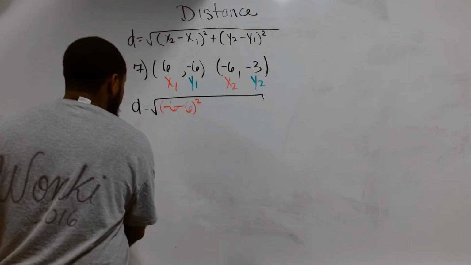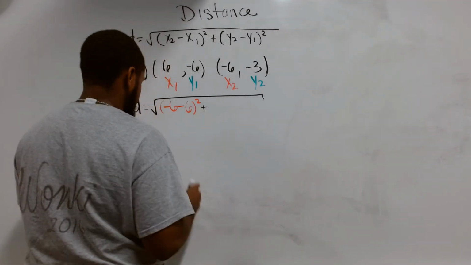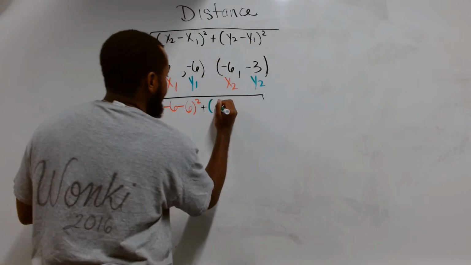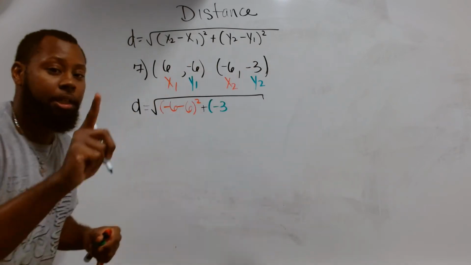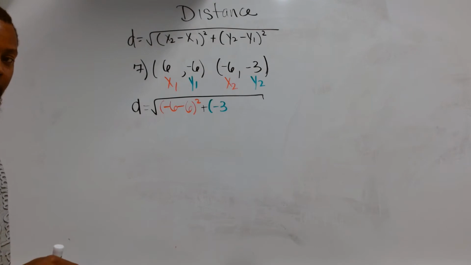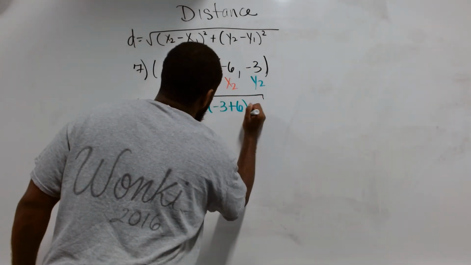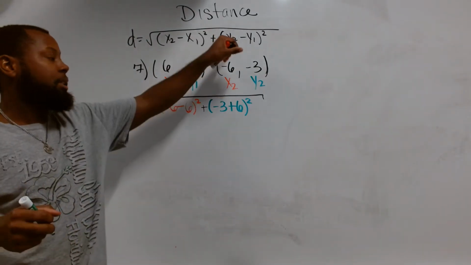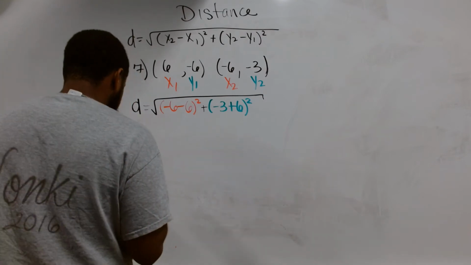Now, let's focus on the y's. So we have y2, which is -3, minus y1. But I tell you, if your first pair has a negative number, you have to add, because a negative times a negative is a positive. Okay? So let's keep going.